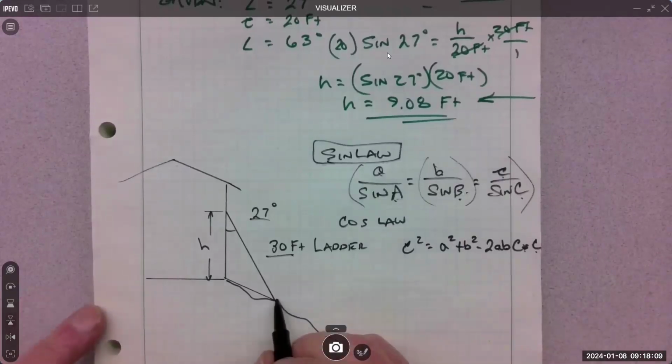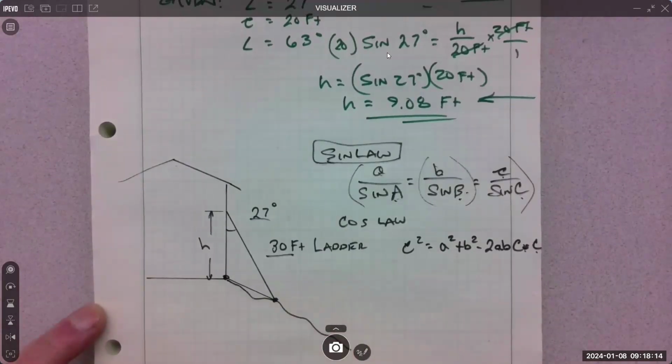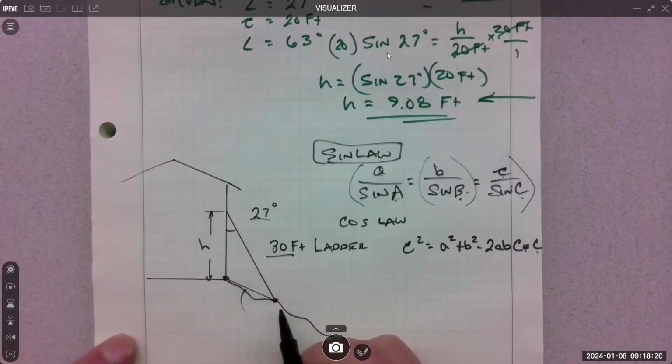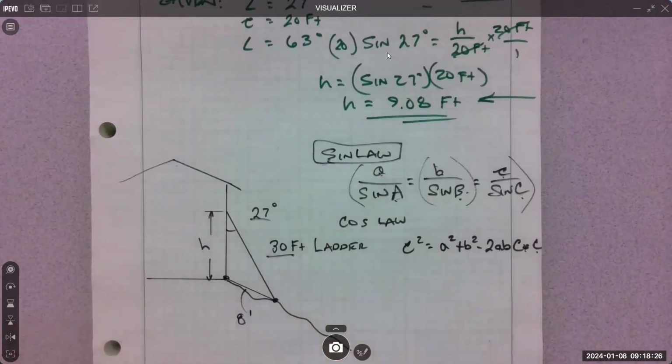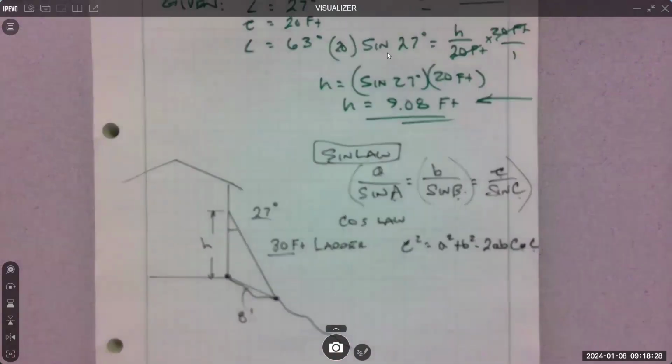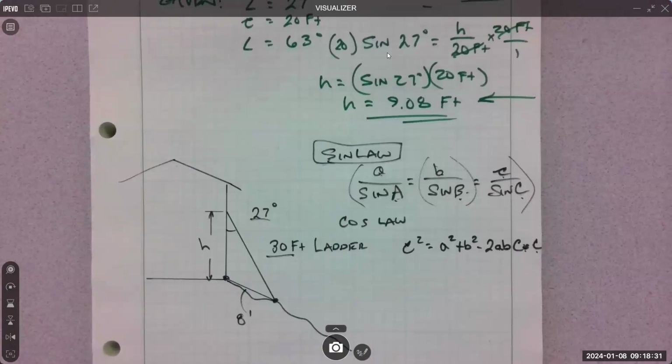So this point, let's say we measure this and it is, what do we got here? 30 degrees. I don't want this realistic. I don't know, we'll say it's 8 feet. So now we have our third piece of information.